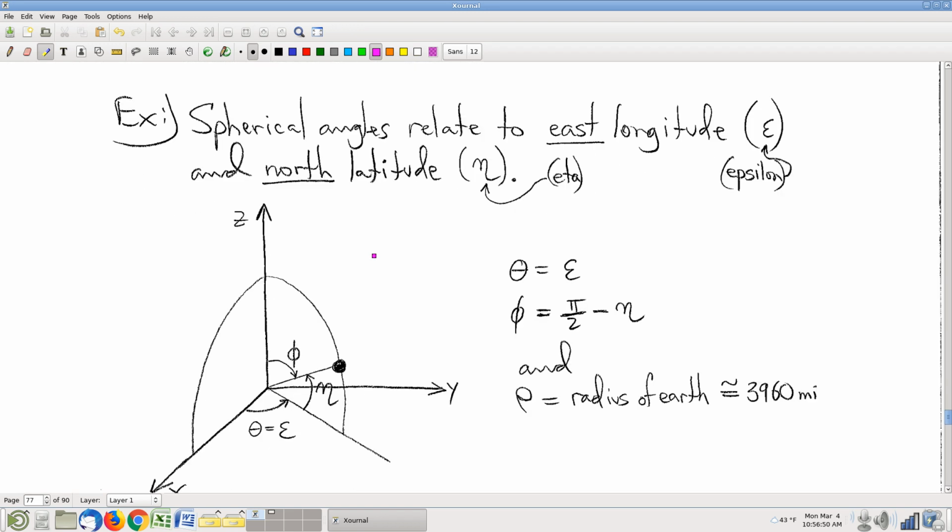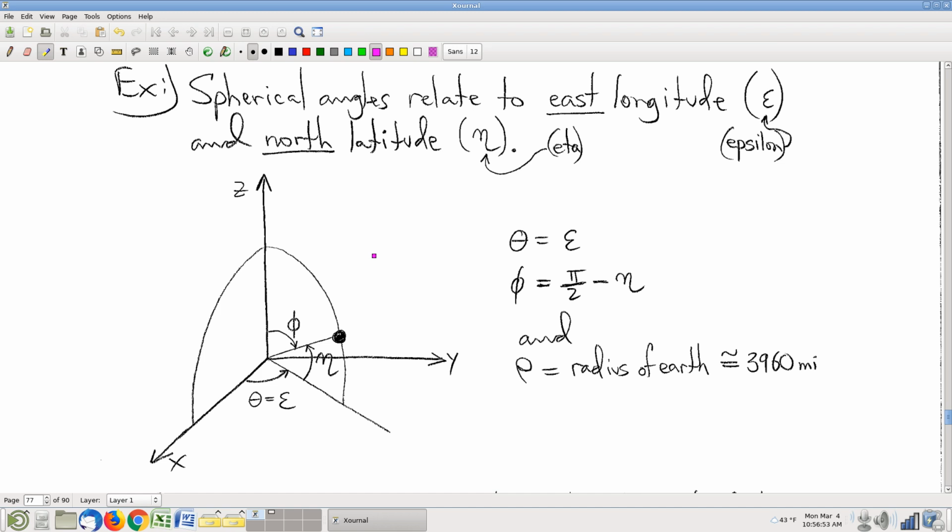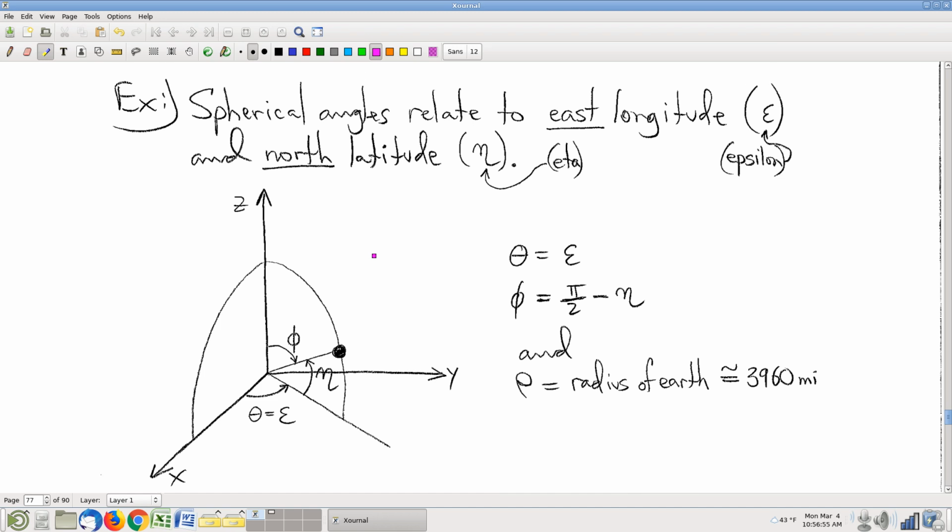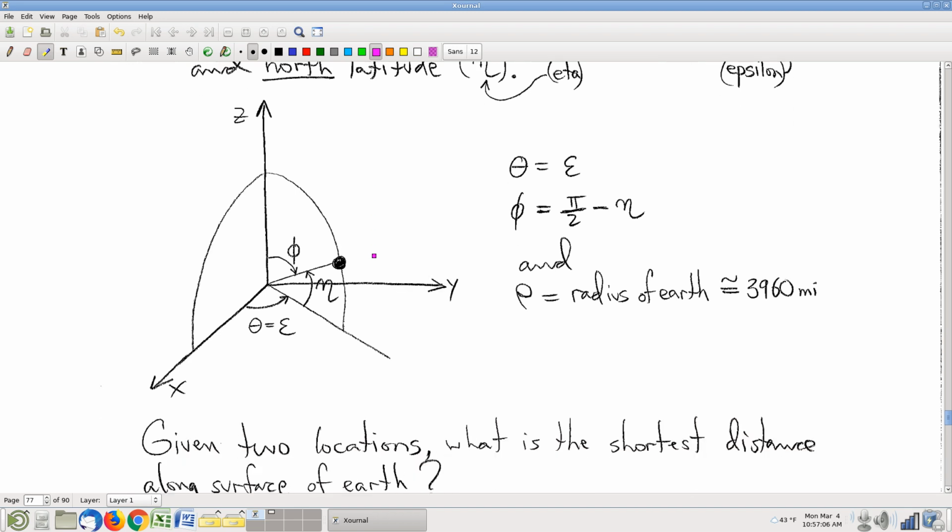A couple of neat applications. One application comes from observing that spherical angles are pretty darn closely related to how we keep track of location on the globe, on the surface of the Earth. Right. So notice. Let me finish drawing the Earth here.